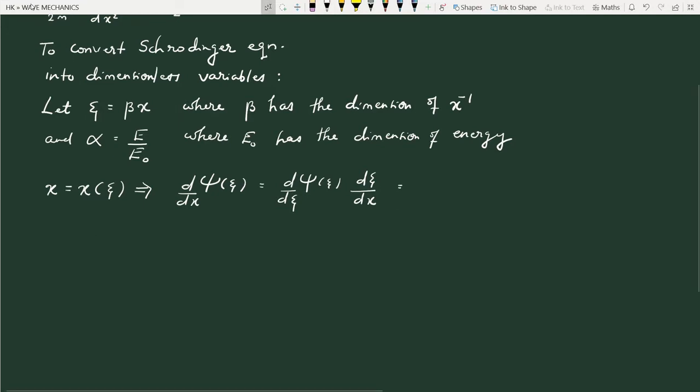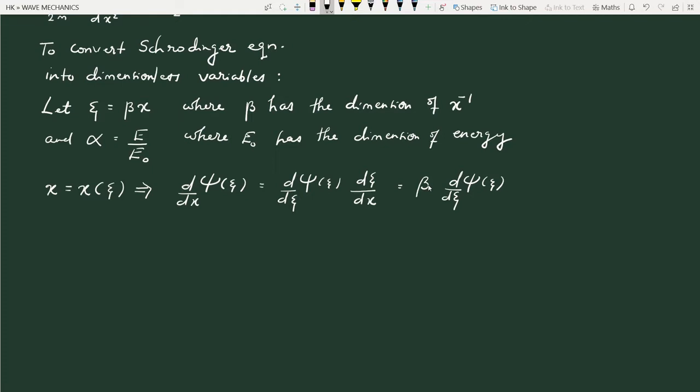Look at this expression: theta is equal to beta times x. So d theta by dx is nothing but beta, right? So we have beta times d by d theta of psi theta. Let's go to the second derivative.